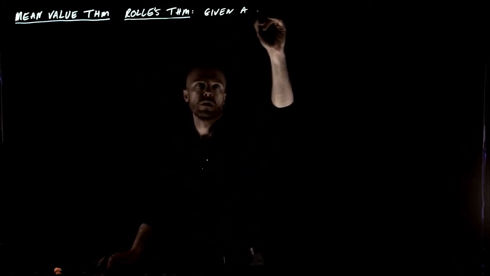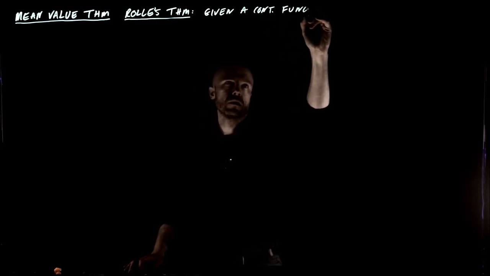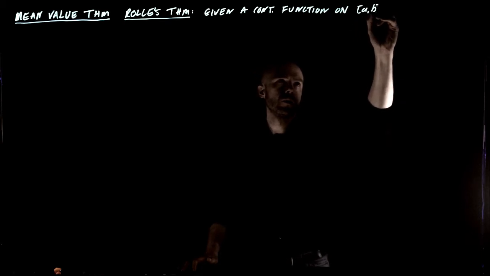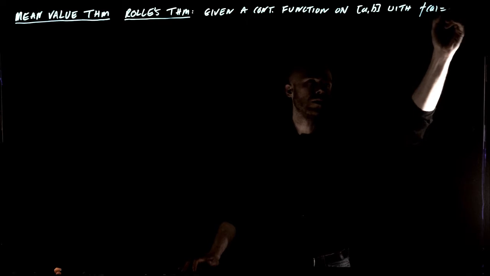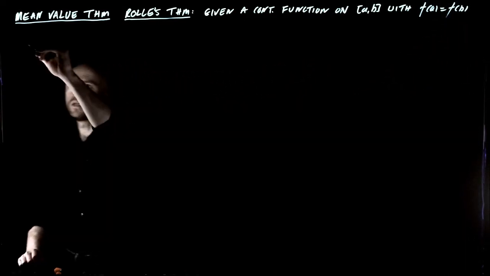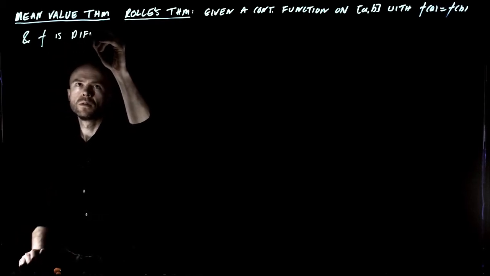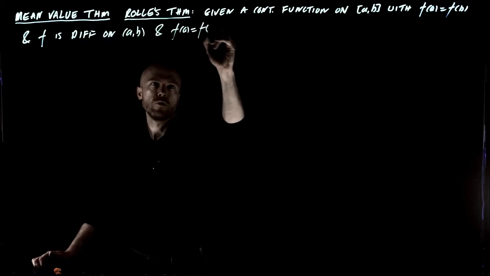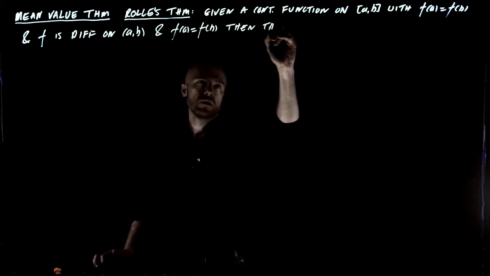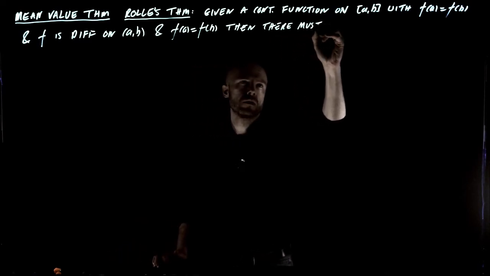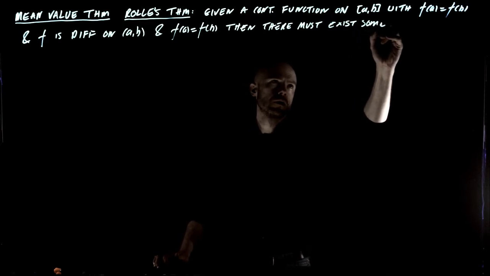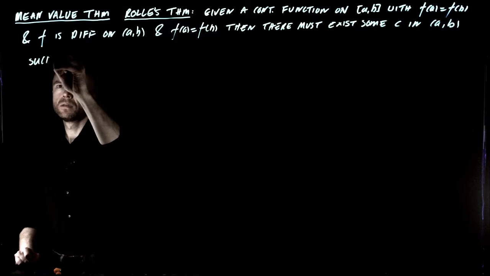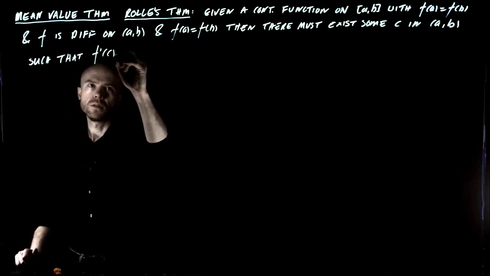Given a continuous function on the interval AB with f of A equaling f of B, and f is differentiable on this open interval, then there must exist some C in this open interval AB such that f prime of C equals 0.